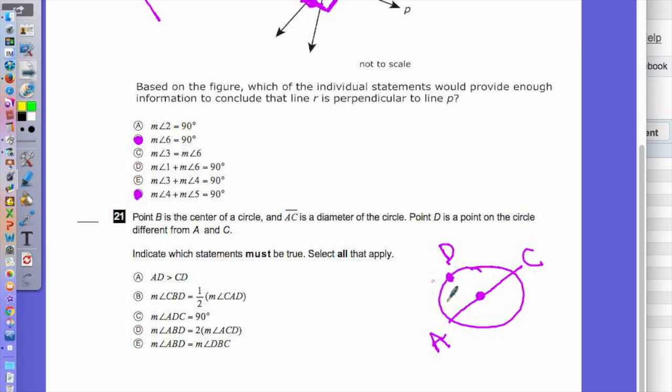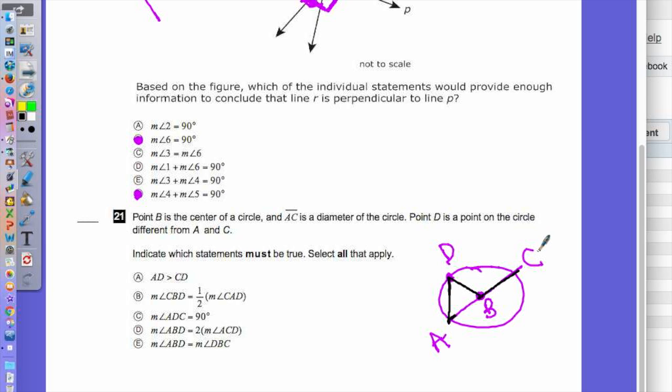Measure of angle CBD, compared to CAD. Okay.